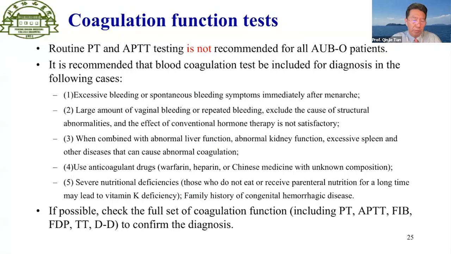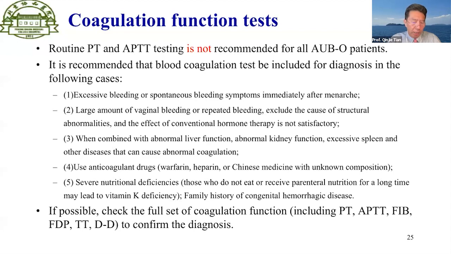The coagulation function tests, prothrombin time and APTT, are not recommended for all patients with AUB-O. It is advisable to include blood coagulation tests for diagnostic purposes in the following situations.